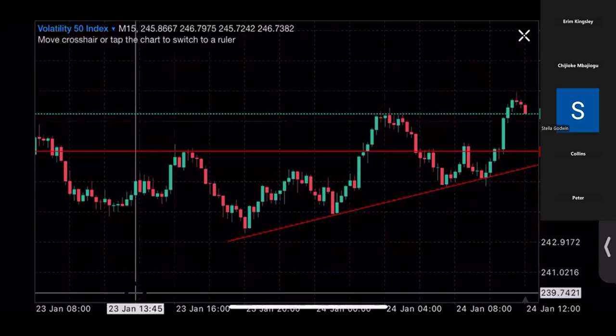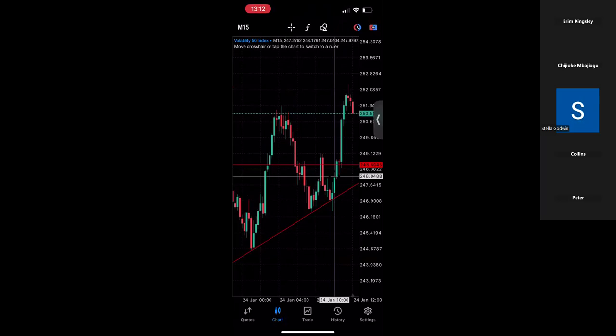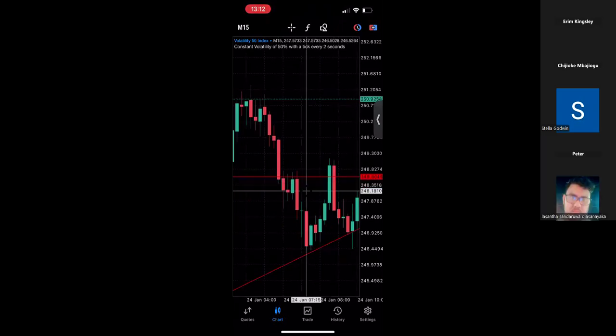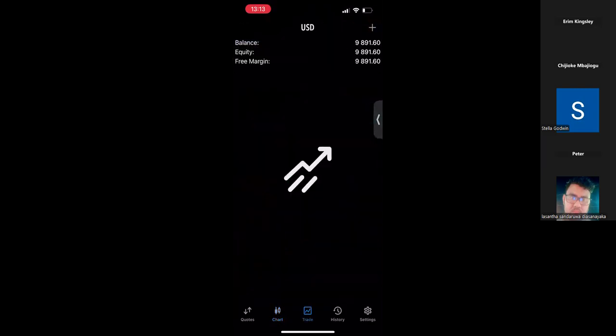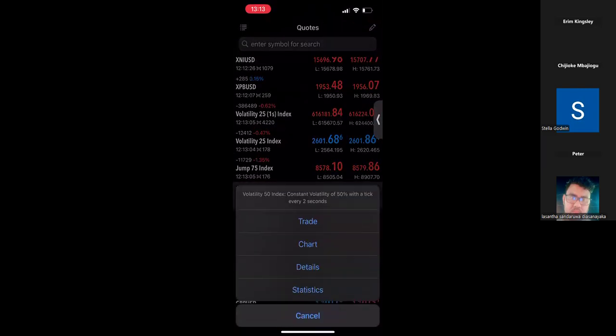So we are going to put a pending order on our trend line. So let's say here is our trend line. This is buy limit. The price is going to be 247.74. So I'll come here and I'll do trade.